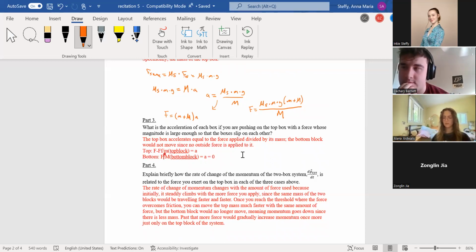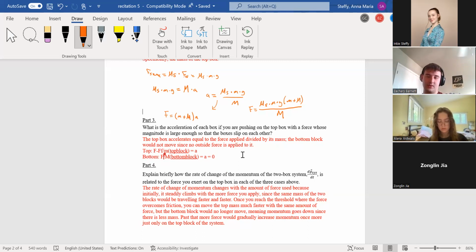Or is it not moving? Oh yeah, is the bottom block moving?